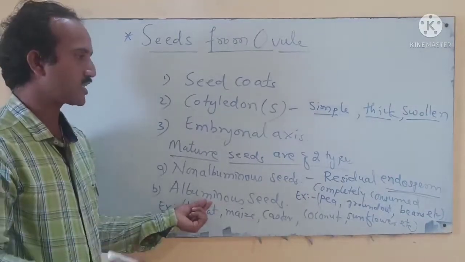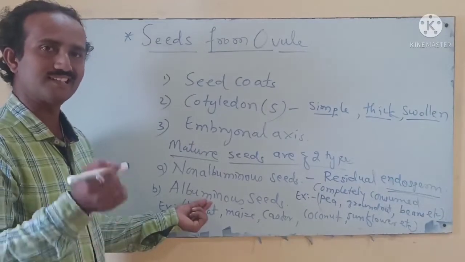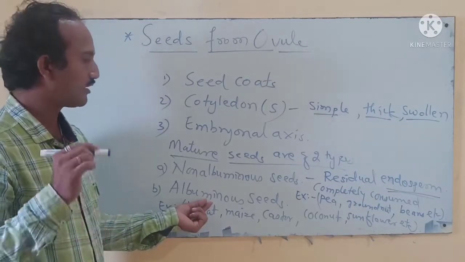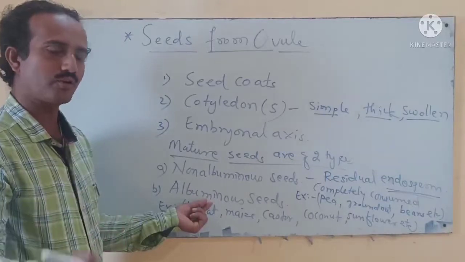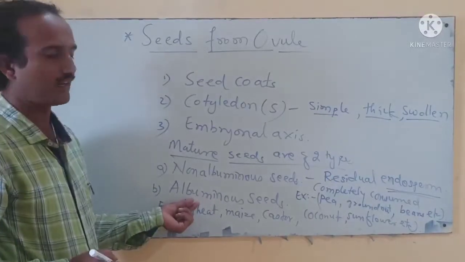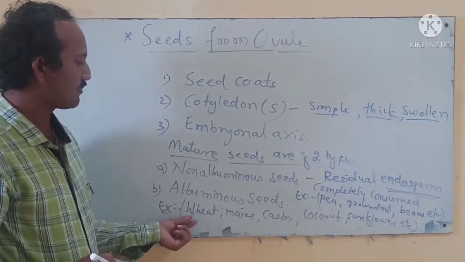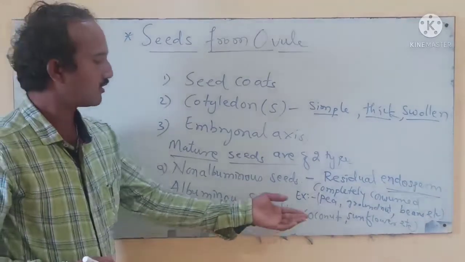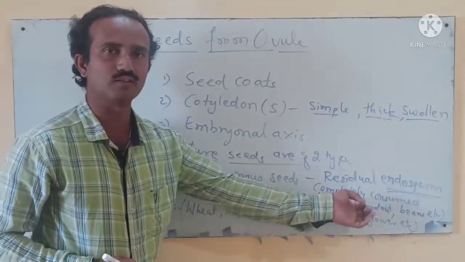There is a residual endosperm retained, as it is not completely consumed during the embryo development. Such type of seeds are called albuminous seeds. Examples are wheat, maize, castor, coconut, sunflower, etc.